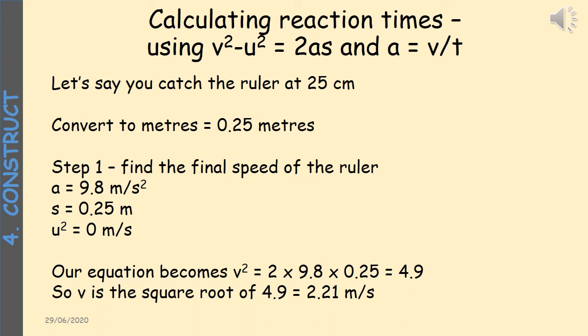You then find the final speed of the ruler. So given acceleration due to gravity is 9.8, your distance is 0.25, and u squared, so that's the initial speed squared, is 0. So our equation becomes v squared is 2 times 9.8 times 0.25, giving you 4.9, and then you need to find the square root of that, giving you 2.21 meters per second.